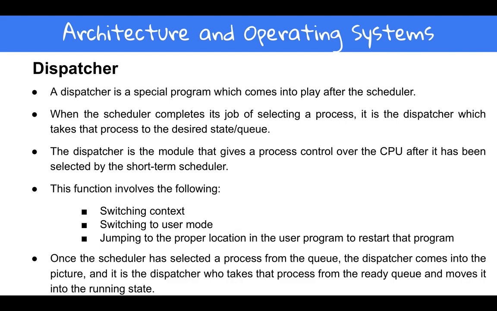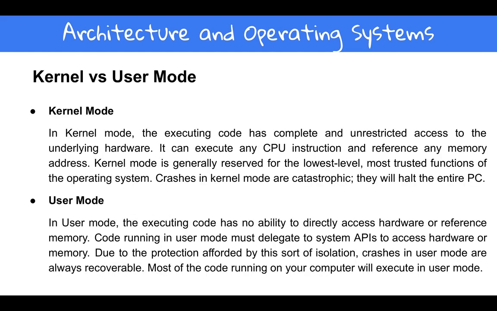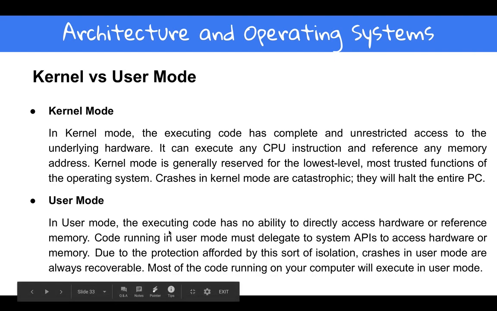Once the scheduler has selected a process from the queue, the dispatcher comes into the picture. Again, after the scheduler, the dispatcher comes and does the job. It is the dispatcher who takes the process from the ready queue and moves it to the running state. We just discussed kernel and user mode, but if you want to refresh your mind, in kernel mode the executing code has complete and unrestricted access to the underlying hardware.